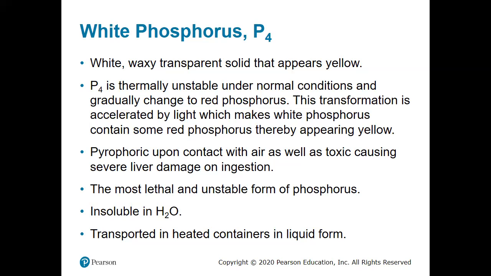So white phosphorus. White phosphorus gets its name because it is white. It's kind of a waxy solid. It's kind of translucent. If you're unfamiliar with the term translucent, basically means that it's not quite transparent. You can't see clearly through it, but you can kind of see through it.